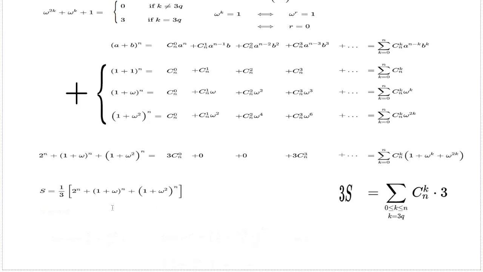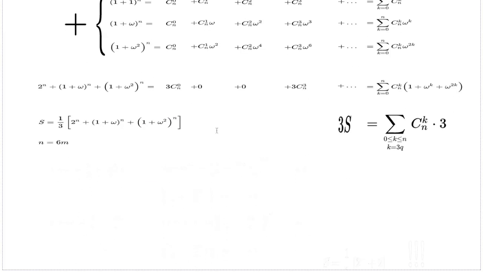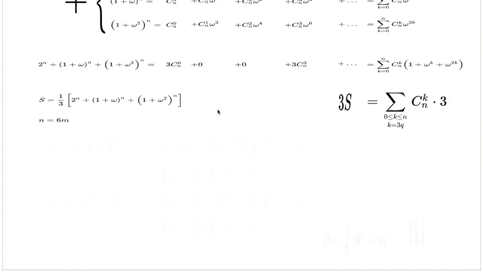Recall that in the initial setup of the question we had n being a multiple of 6. So let's just look at this carefully now. Let me just scroll this page a little bit further up, like so. Right. Let's just look at the first bracket now. This bracket. 1 plus omega, the value for the omega stayed up at the top, but probably I'll just copy it again for you.